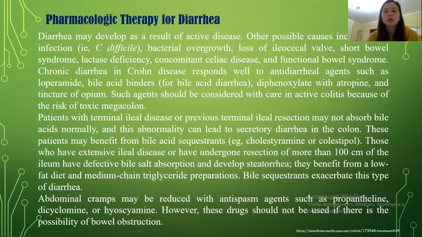Chronic diarrhea in Crohn disease responds well to antidiarrheal agents such as loperamide, bile acid binders, diphenoxylate with atropine, and tincture of opium. Such agents should be used with care in active colitis because of the risk of toxic megacolon.